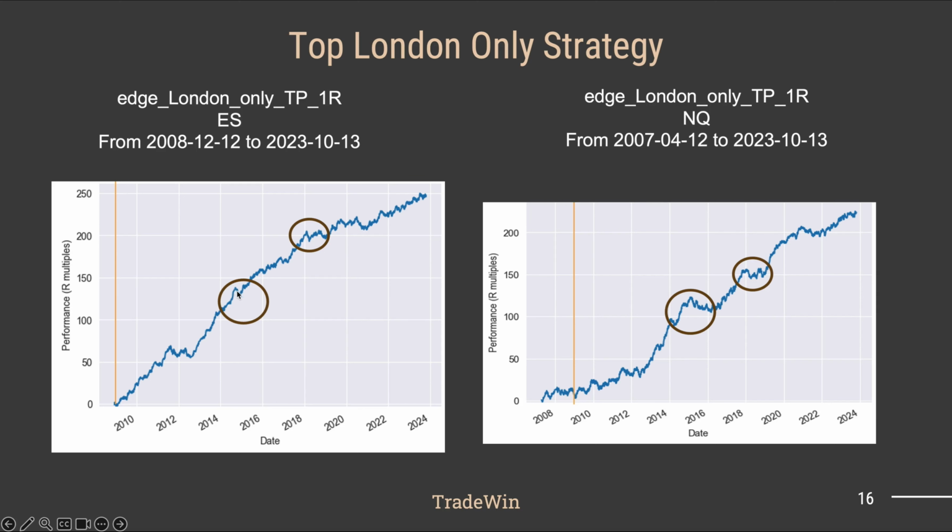There is a little bump here, up and down, but the trend is going up. If I began to trade the strategy here in 2015, I would be losing during 1 full year on the NASDAQ and not on ES. So this is an element I want to take into account when analyzing the output of TradeWin.